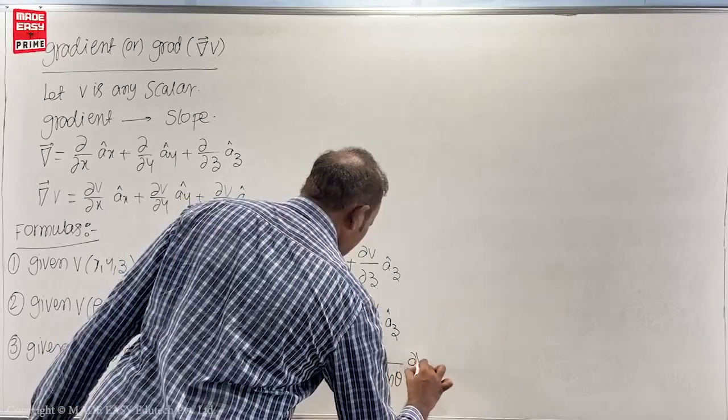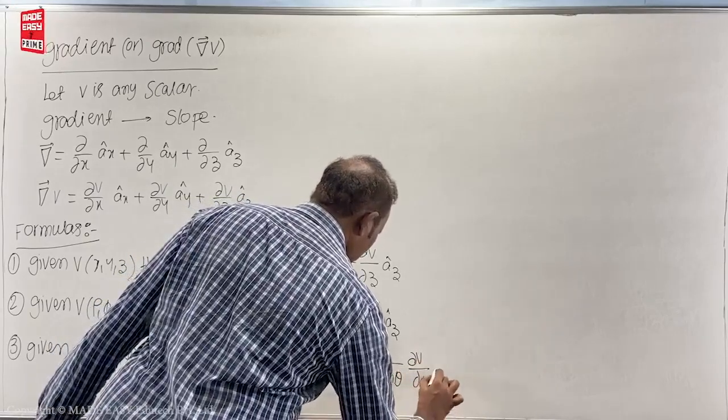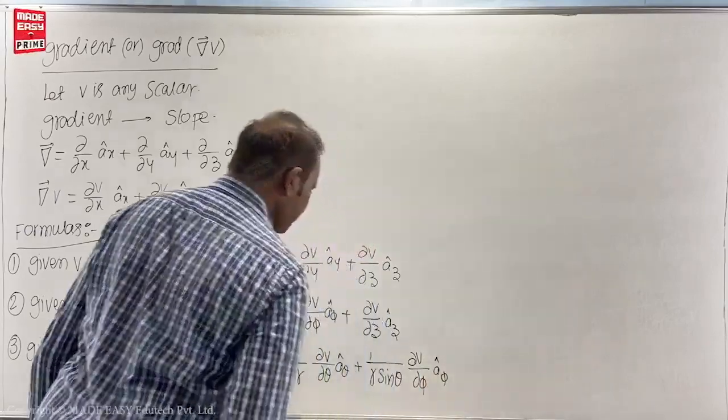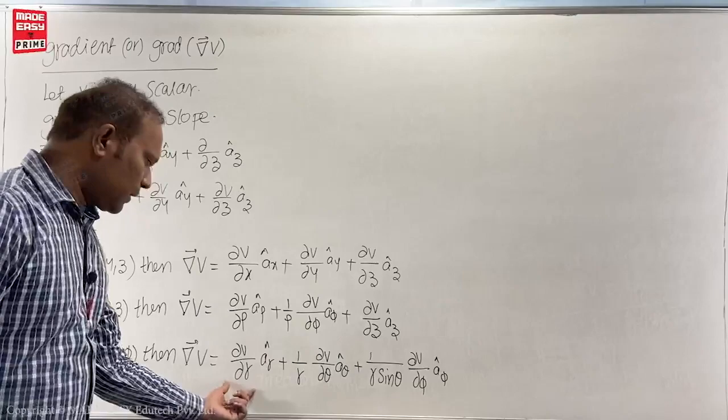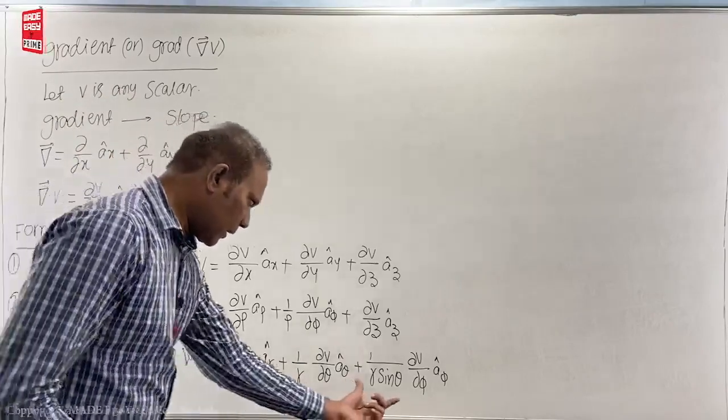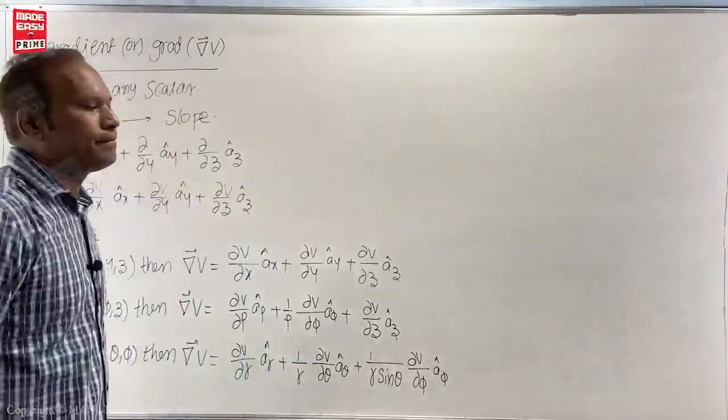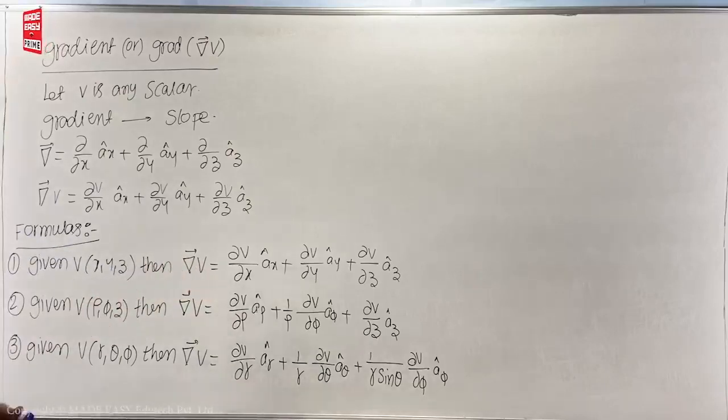Then dou V by the differential length in the phi direction is r sin theta d phi, so 1 by r sin theta dou V by dou phi a phi. So here the differential lengths in the spherical system are dr, r d theta, r sin theta d phi. So these are the formulas.